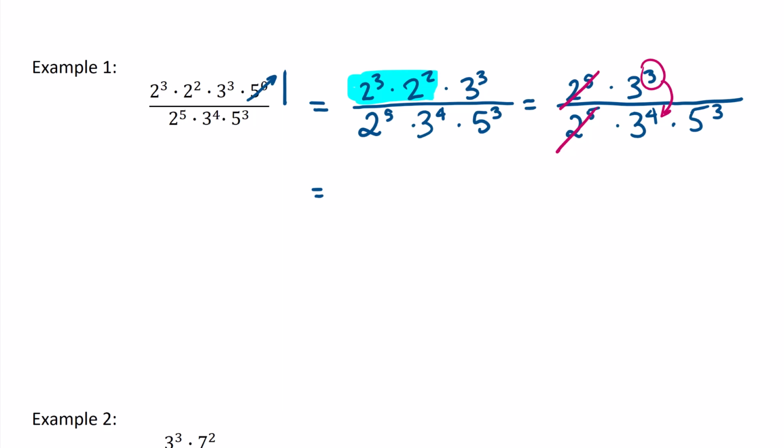I'm going to just rewrite this. 1 over 3 to the 4 minus 3, because I took this 3 to the third down, reduced it, and 5 to the third. Remember, since these reduce and this one reduces, I'm left with just 1 over 3 to the first times 5 to the third.